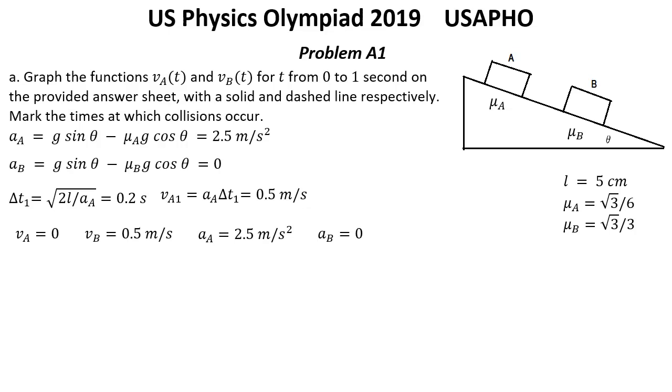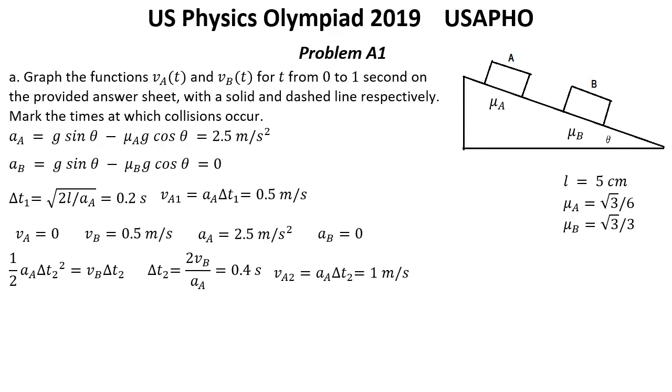Now we have to equalize distances for the trip to the second collision. So it means that 1/2 AA Δt2 squared equal VB multiplied by Δt2. And from here we can find the time between first and second collisions. That will be 2VB over AA, which is 0.4 seconds.